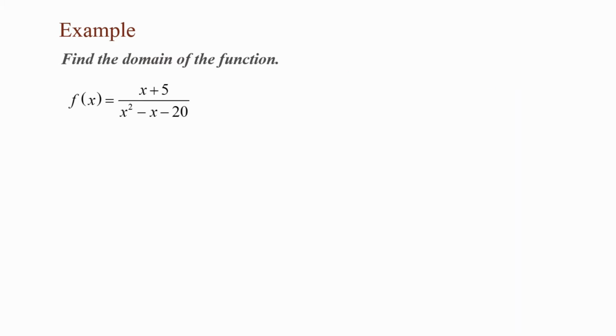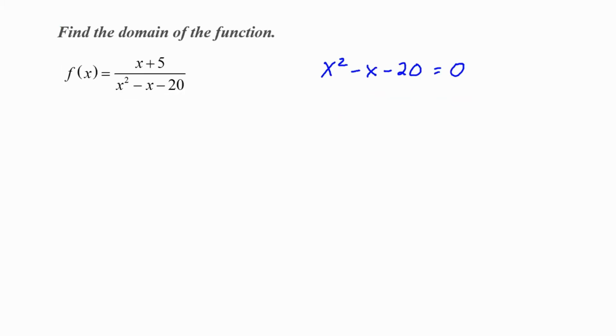In this example, find the domain of the function f of x equals x plus 5 divided by x squared minus x minus 20. One of the ways that we can figure out our domain is by setting our denominator equal to 0. X squared minus x minus 20 equals 0. I need two factors of negative 20 that add to be a negative 1.